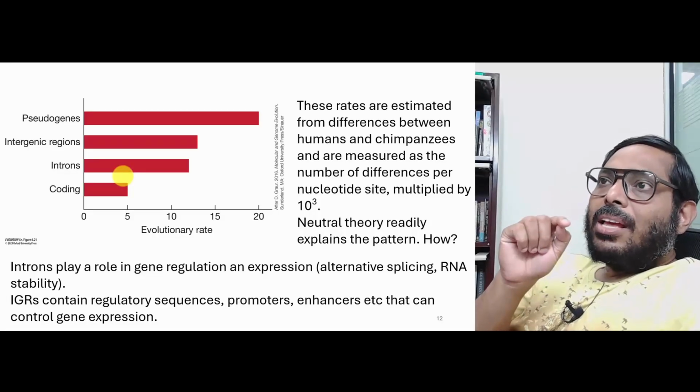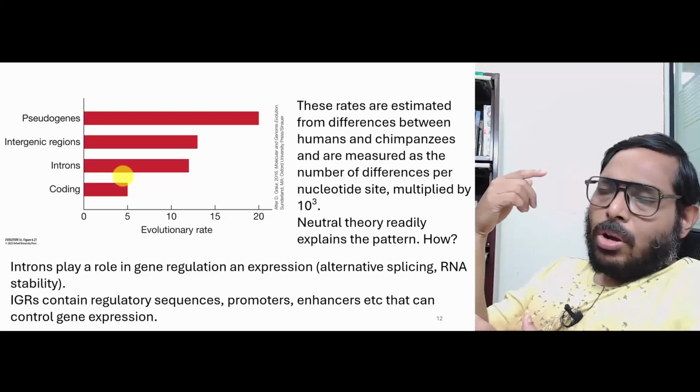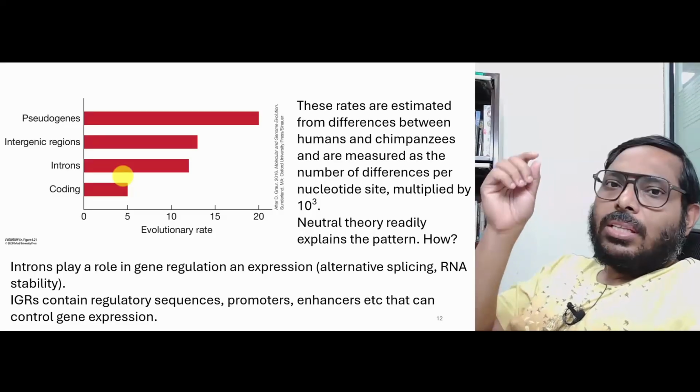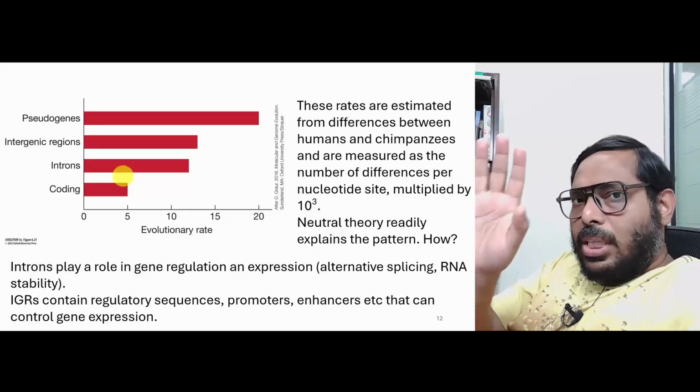But obviously, they are not as critical, as crucial, I'm sorry, I'll take that back. If there is a mutation that happens in a regulatory sequence or a promoter sequence, it is extremely crucial.